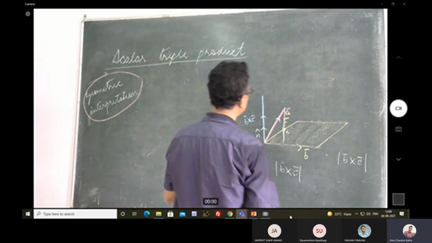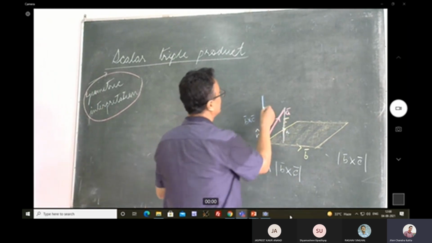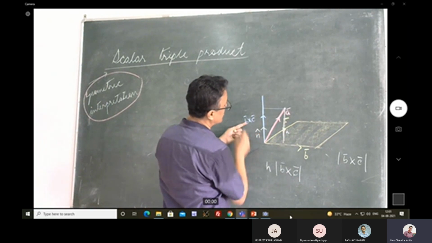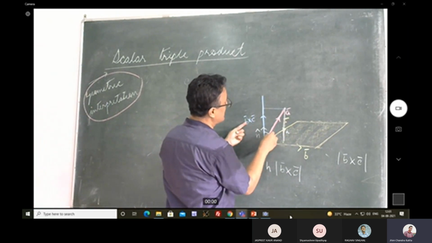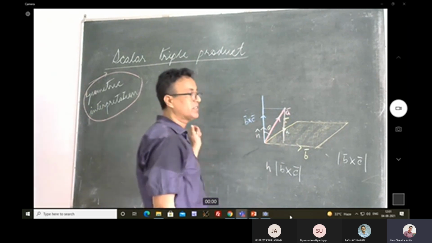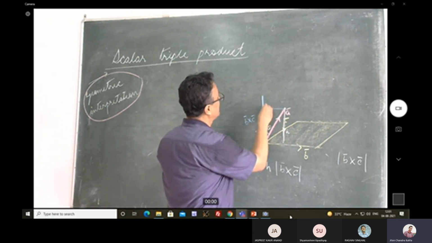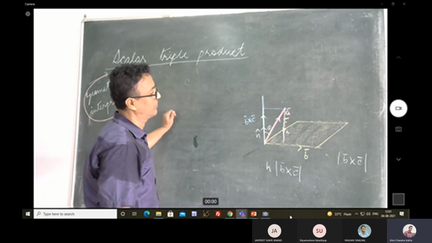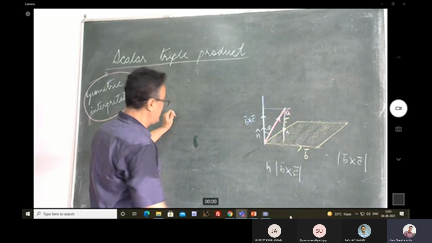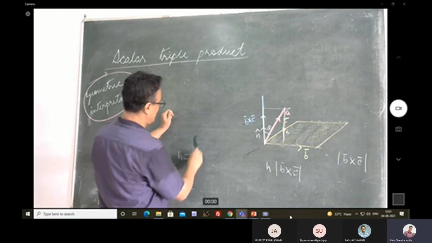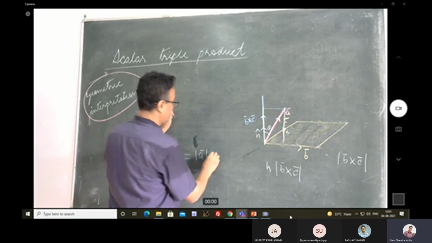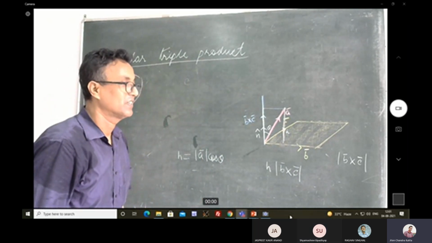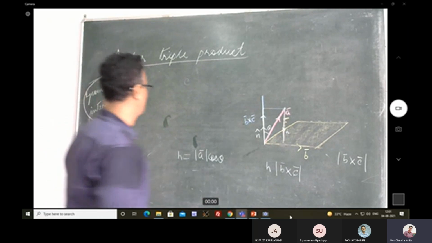If the angle between this B cross C and this vector A is theta, then this distance H is nothing but A cos theta.